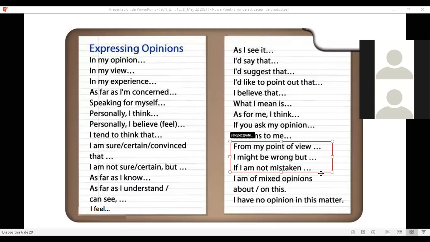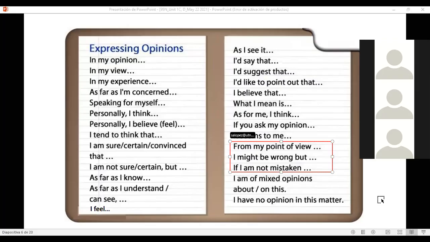Here we have another three phrases. Bibi, can you help me reading these three, please? From my point of view, I might be wrong, but, if I am not mistaken. Exactly. So, the first one, from my point of view, desde mi punto de vista, también es una muy buena frase que podemos ocupar para decir lo que pensamos.